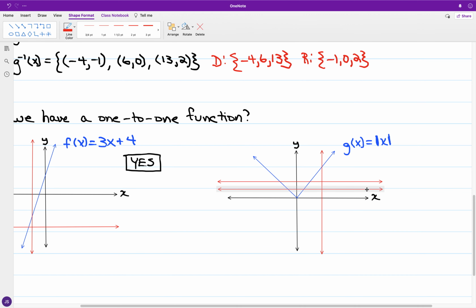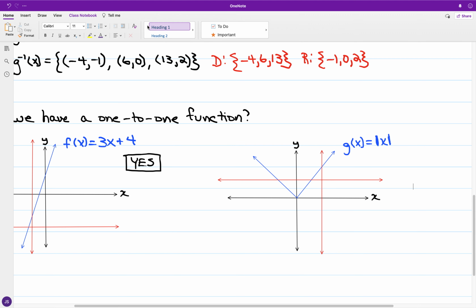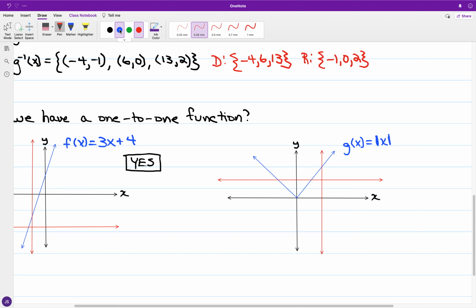But for the horizontal line, once we get above the x-axis or the point of origin, notice right away, you're going to have intersection points. And so in this case, for the horizontal line test, interchanging the language, it's also going to be where for each y value, there's going to be only one corresponding x value.